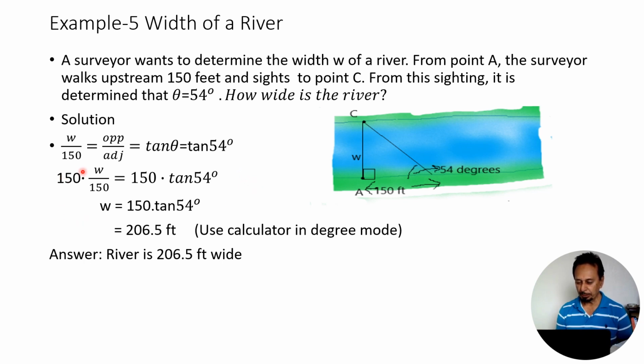Now we solve for W, so we multiply both sides by 150. So you have 150 times W over 150 equals 150 times tangent 54. The 150 cancels, so you get W equal to 150 times tangent 54. Now we put this on the calculator in degree mode, and we should get 206.5 feet, rounded to one decimal place.